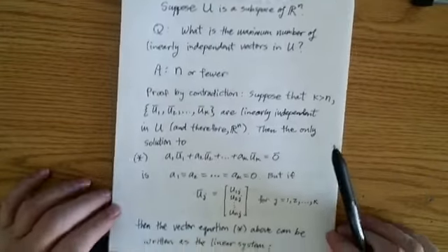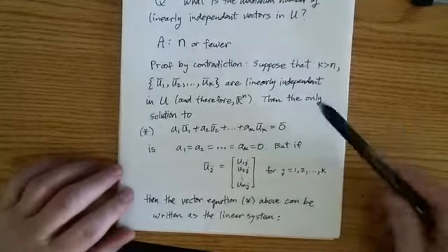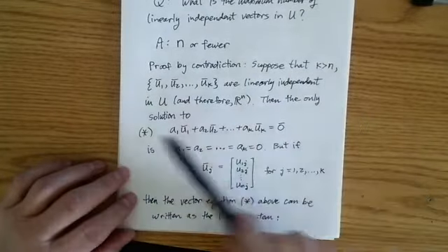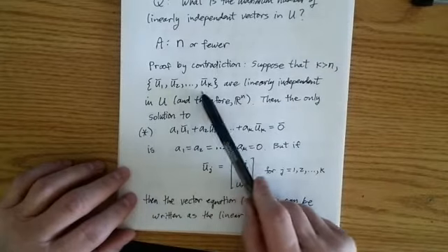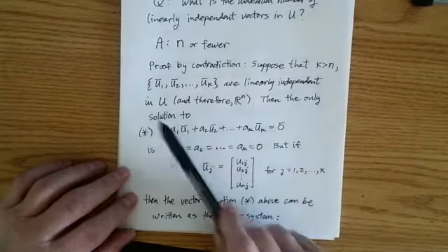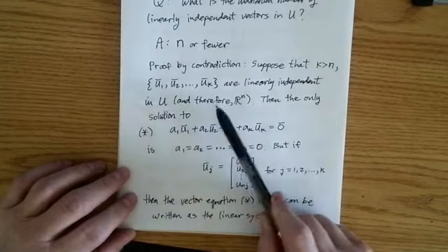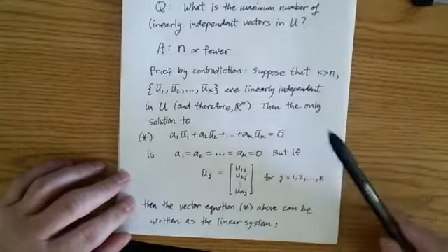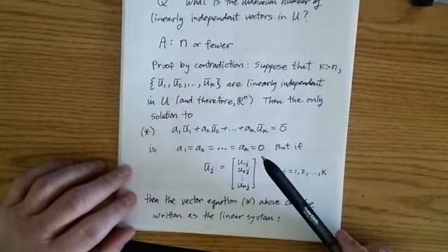Okay, let's start like this. Suppose that k is greater than n, and that u1 through uk are linearly independent in my subspace, and therefore in Rn. Then what would that mean?